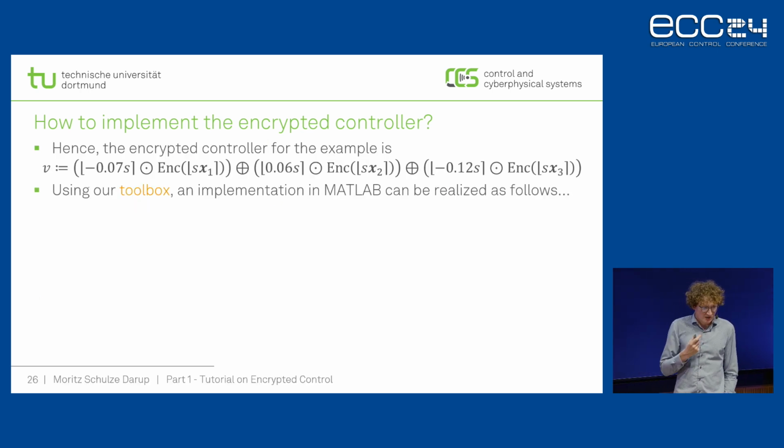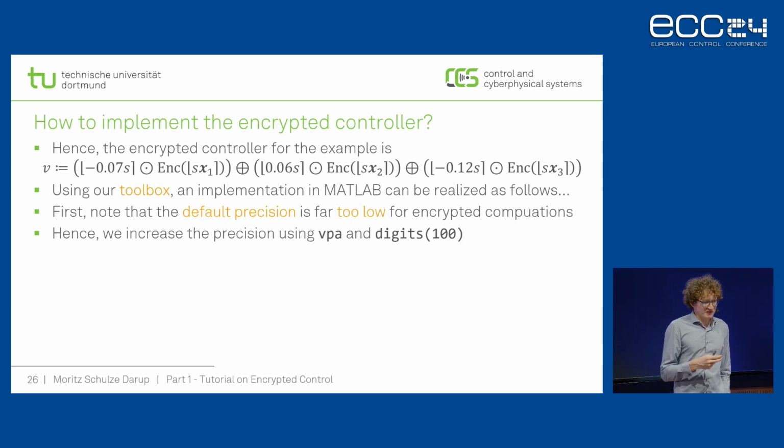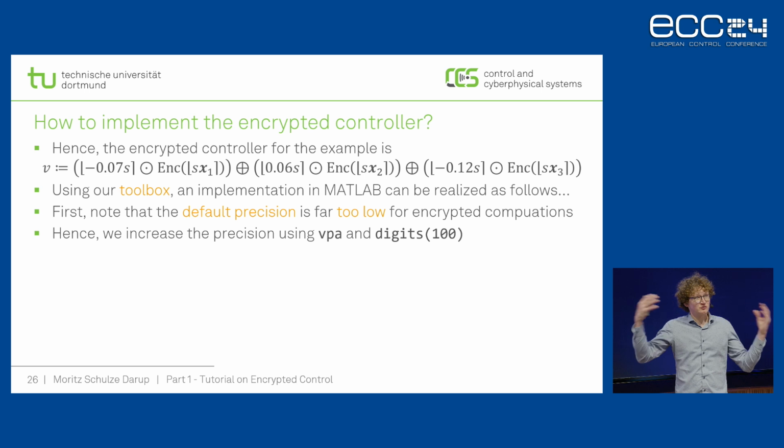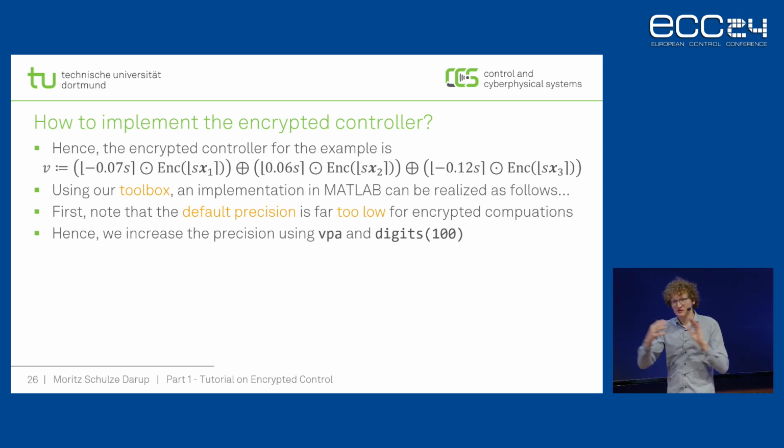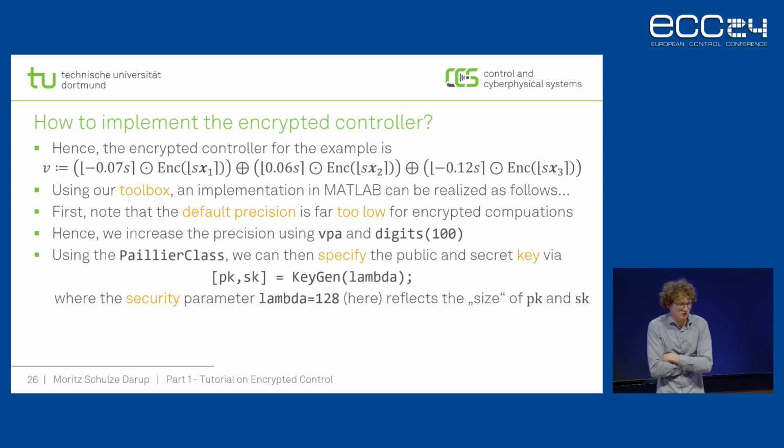Okay, so how can we evaluate this encrypted controller using our toolbox? Well, first step, as I said, we need to tweak MATLAB a little bit because the default precision in MATLAB is far too low to handle these super large numbers with crypto systems. So we use variable precision arithmetic, VPA, and there you can specify the number of digits. With 100 digits, we are almost good most of the time, which makes everything slower.